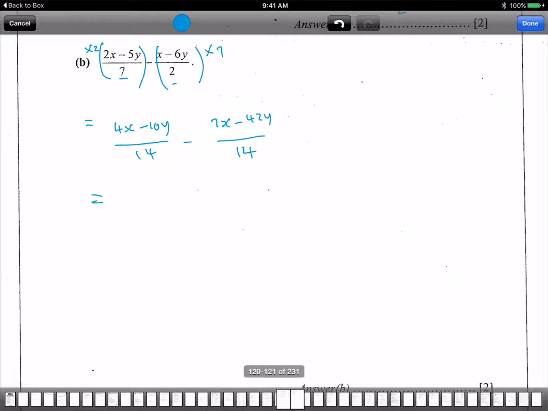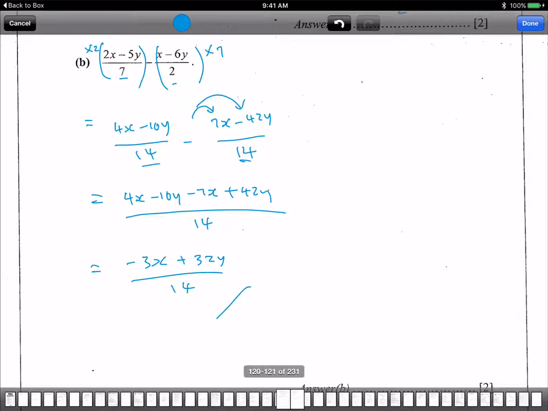Okay, so once my denominators are the same, I can combine them. So I get 4x minus 10y minus 7x plus 42y. Okay, why? Because the minus has a bracket in. Can you see that? Everything is all over 14. And we evaluate 4x minus 7x is negative 3x plus 32y. That's our answer. Okay, it's 2 marks.